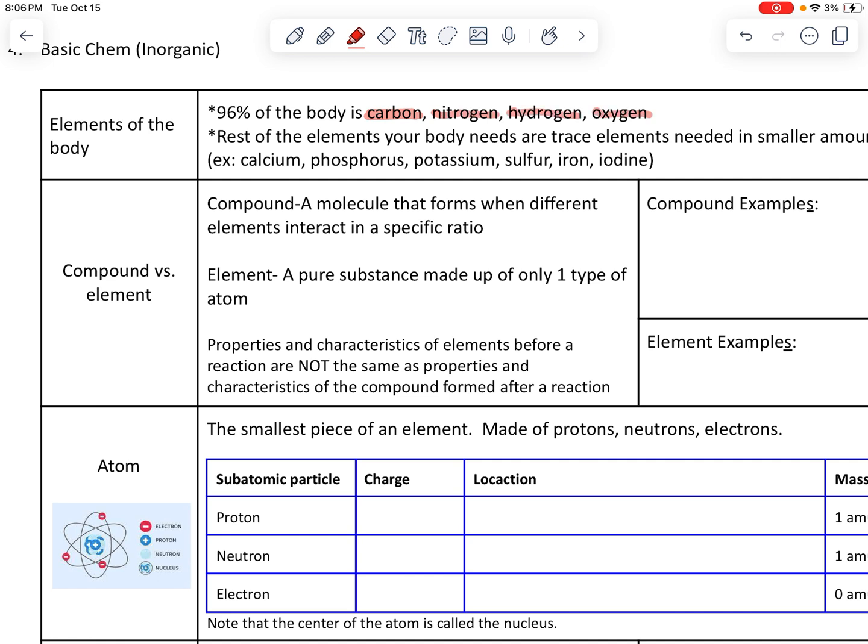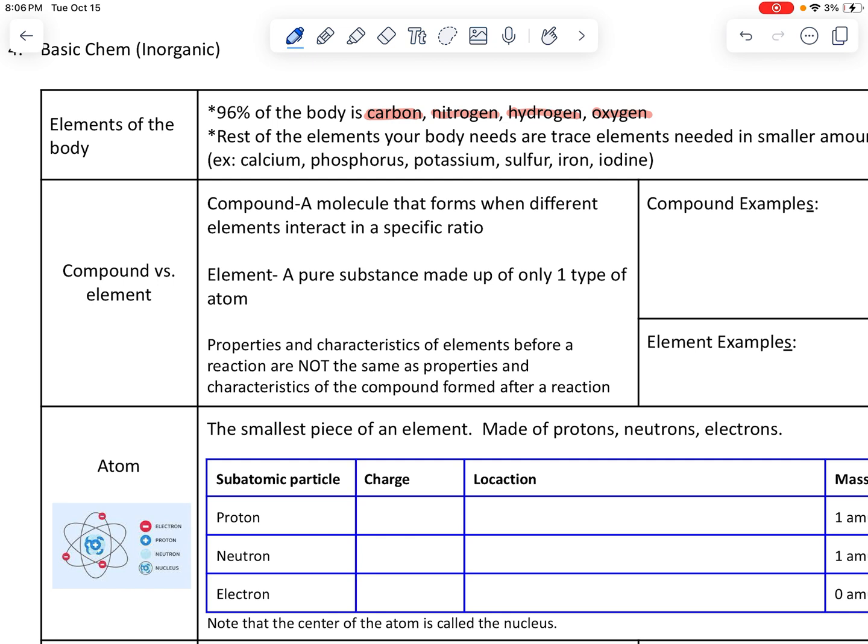The reason carbon is so important to life is because carbon actually has 4 spaces for bonding, which allows it to bond in several long chains, which can create all of the macromolecules that are really needed for life. But we're going to get into the macromolecules next time. Again, this is just a lead-in.